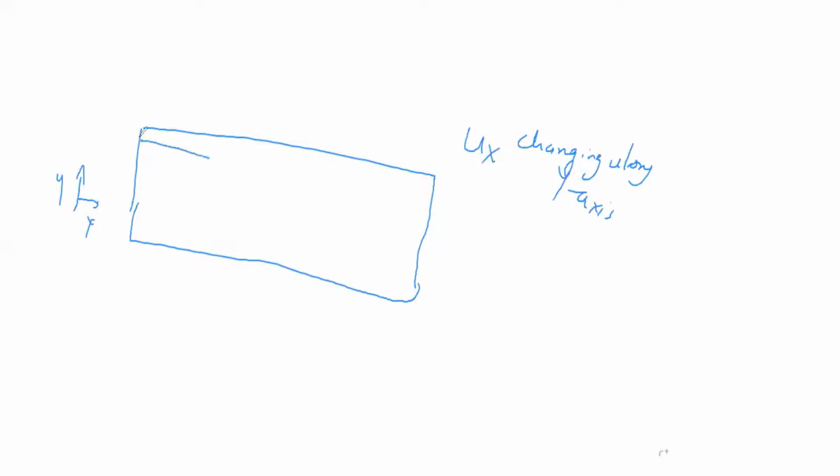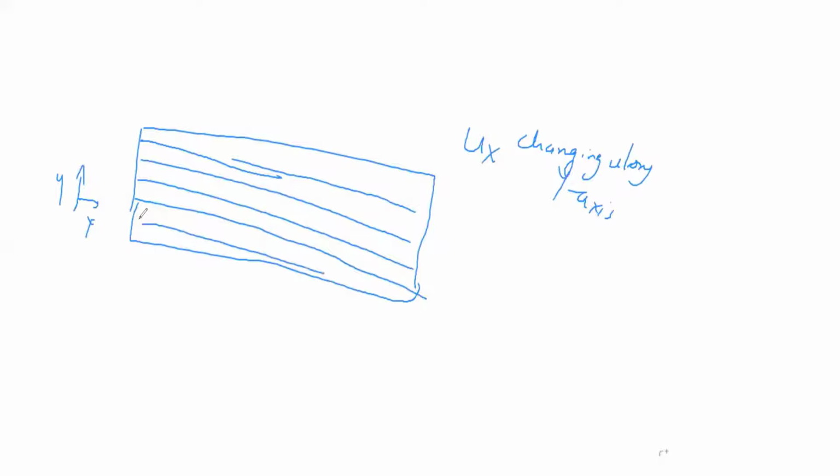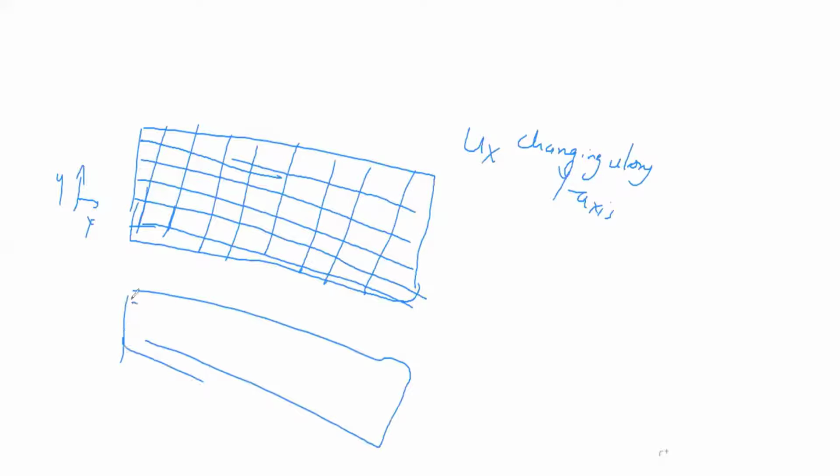So you can have something like this, 6 to 10 cells, like layers like this. But along x, we are not interested to know. So instead of having this kind of mesh where ultimately your mesh count is increasing a lot, what you can do is have a stretched mesh, like this, having more layers along y, but fewer partitions along x.